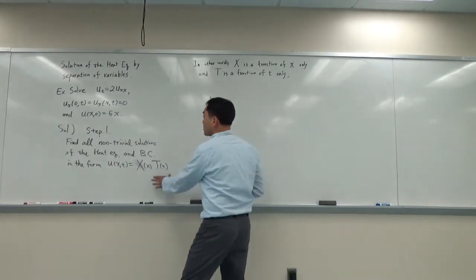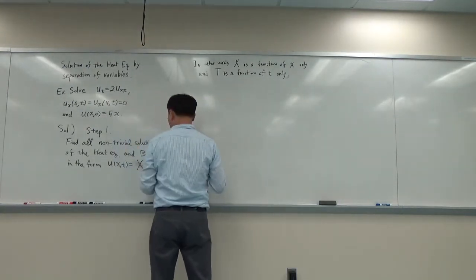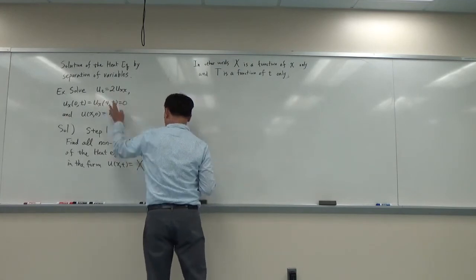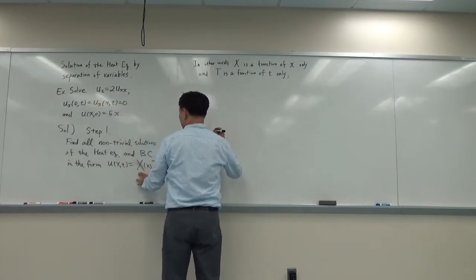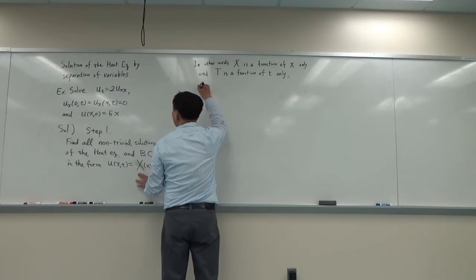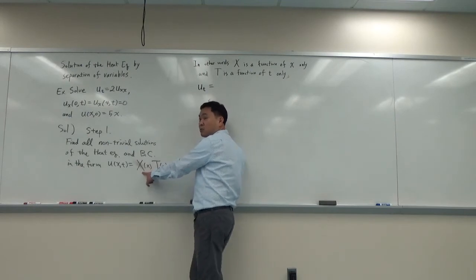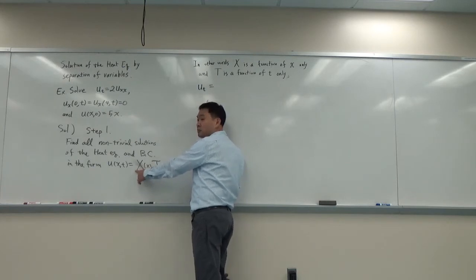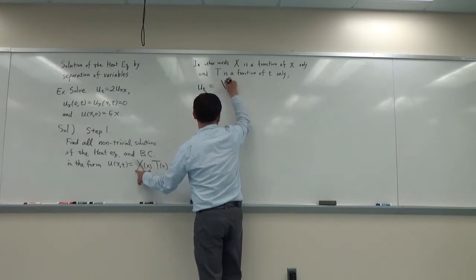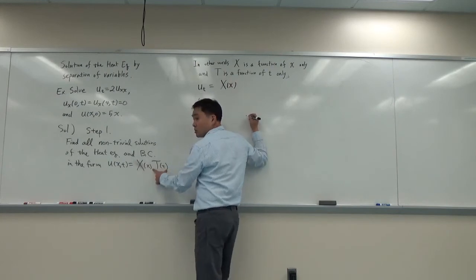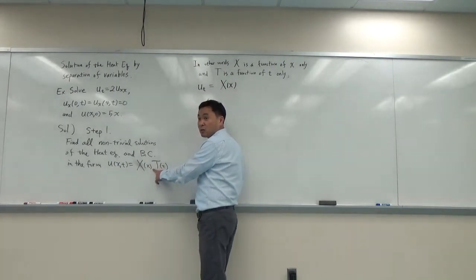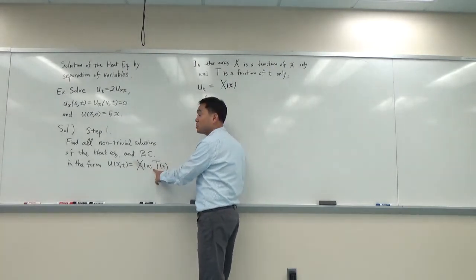So now let's plug it in and see what we get. First, on the left side, what is u_t equal to? If you differentiate by t once, what do you get? Does this change? No. How about this one? Yes. What happens to it? T prime of t, right?